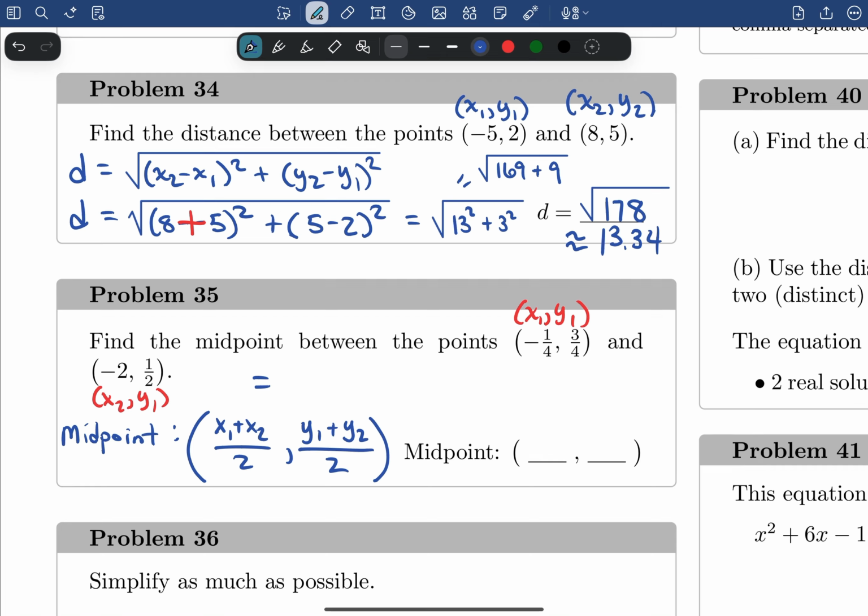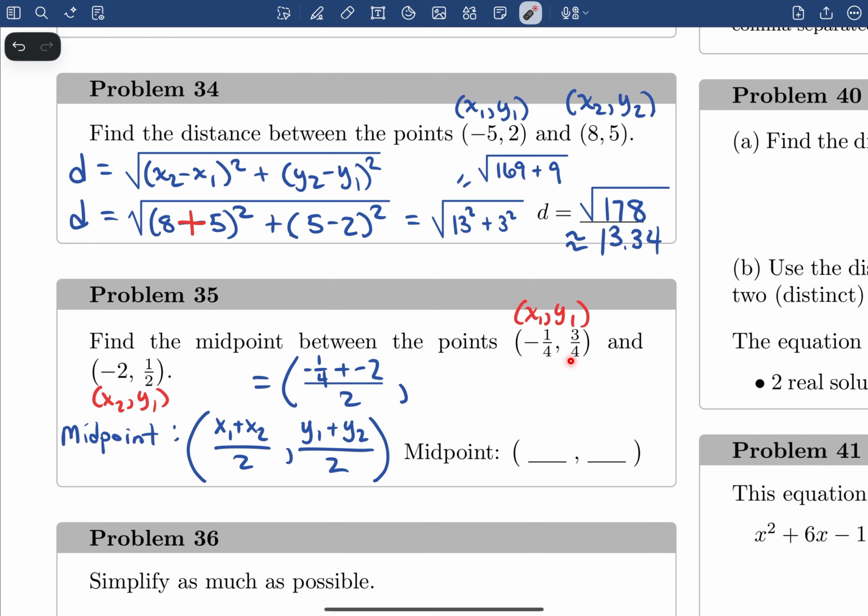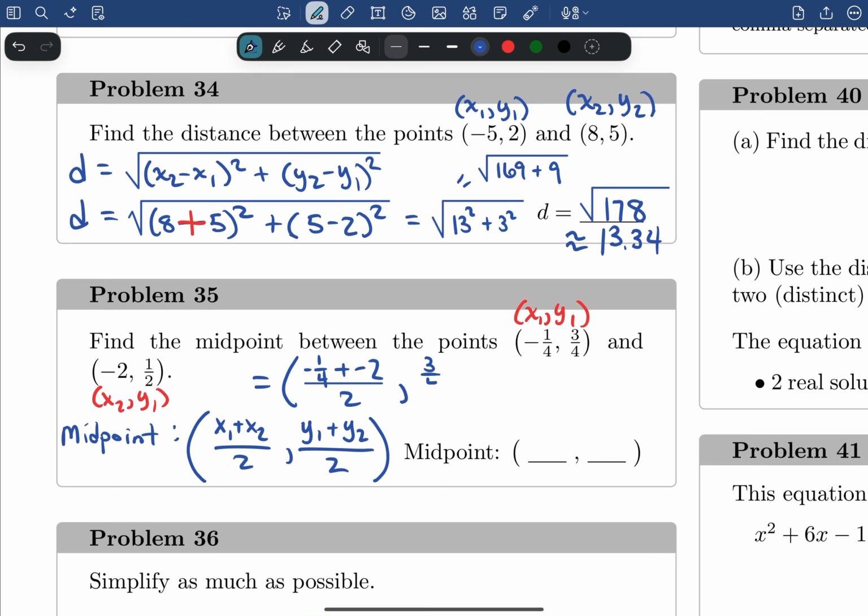Well, that would be, like negative 1/4 plus negative 2, and that's divided by 2. Okay, now take the y values. y1 plus y2, that's 3/4 plus 1/2. And then divide that by 2. Okay, so this is our answer, but we just need to clean it up a little bit, right?